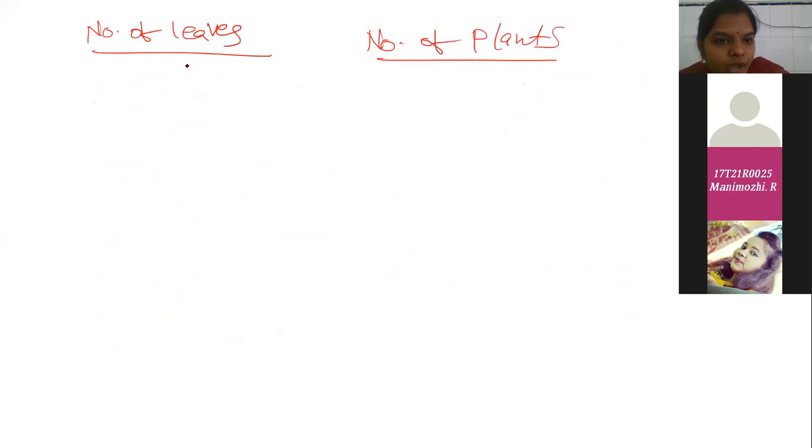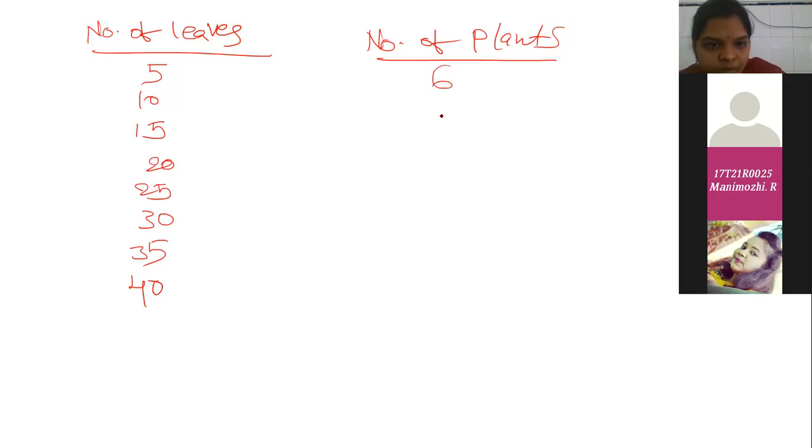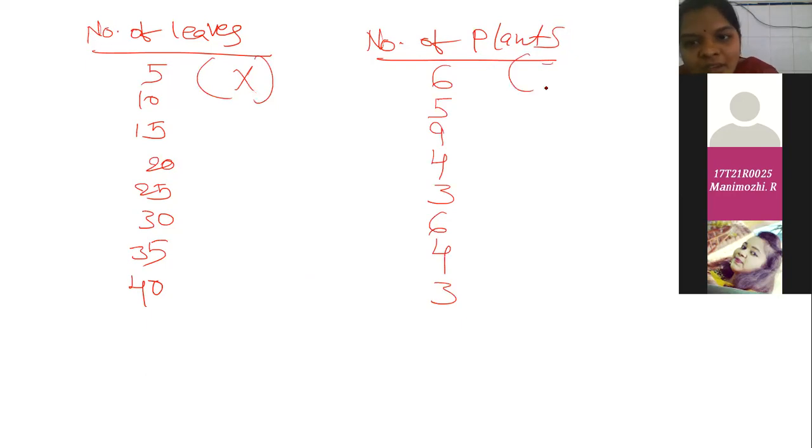Then the number of plants are 6, 5, 9, 4, 3, 6, again 4 and 3. So what they have given in our data, these are the X values and these are the respective frequencies, right?